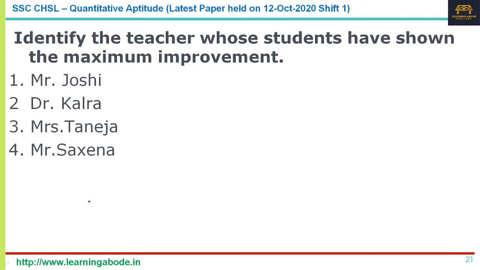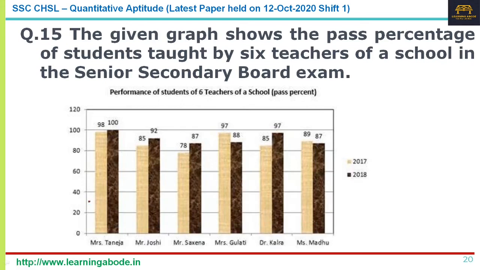The question here is to identify the teacher whose students have shown the maximum improvement, with the assumption that the same number of students studied in both years, 2017 and 2018.